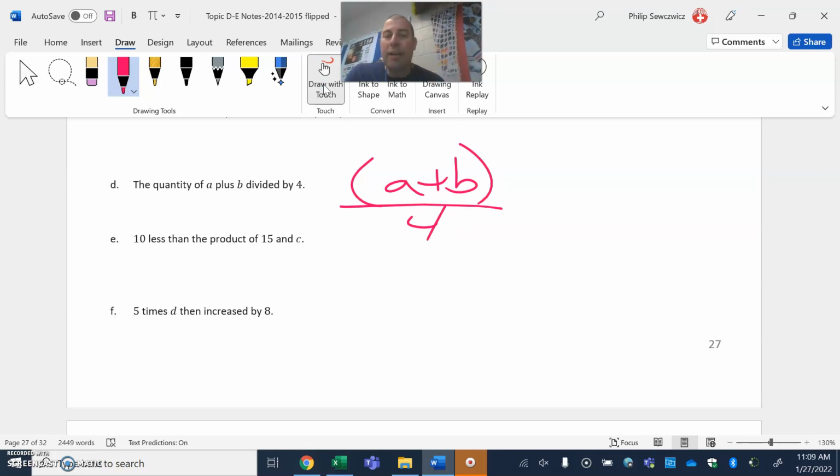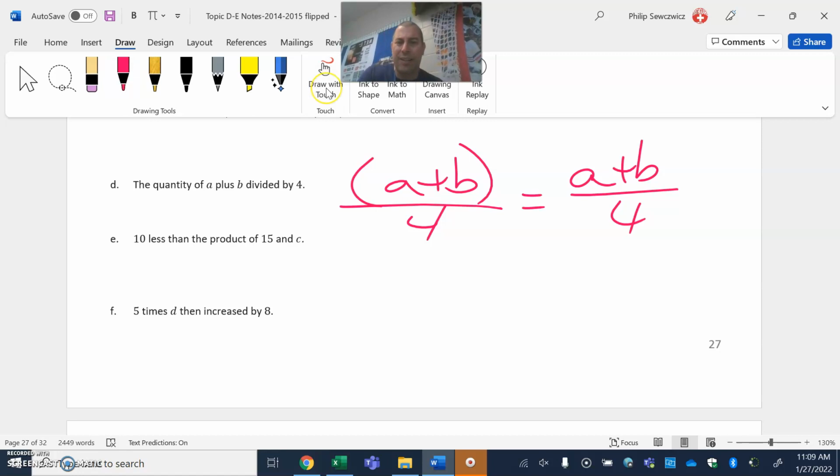Fraction bar here. Now, at first I was like, quantity, parentheses. It's fine if you leave it like that, but also realize that the fraction bar does mean there are parentheses, so that would be good too.